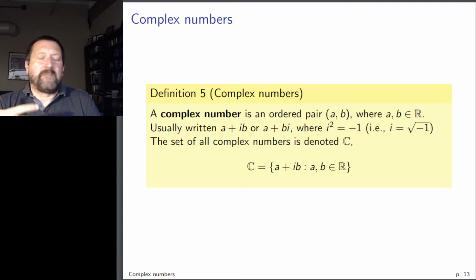In what you've seen before, this doesn't make any sense. Square roots have to be of non-negative real numbers. But here we're defining this i to be the square root of -1. And the set of all complex numbers we then denote C. So C is the set of all (a, b) such that a plus ib.